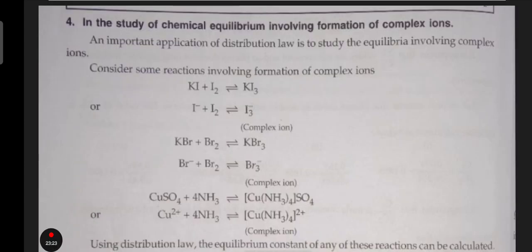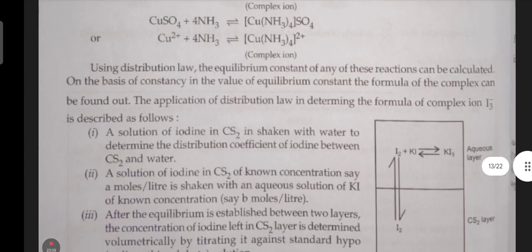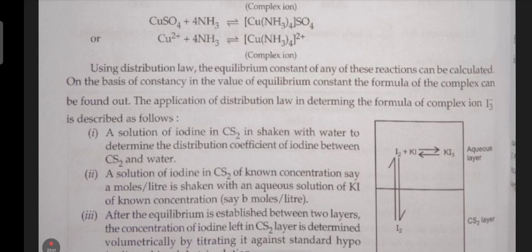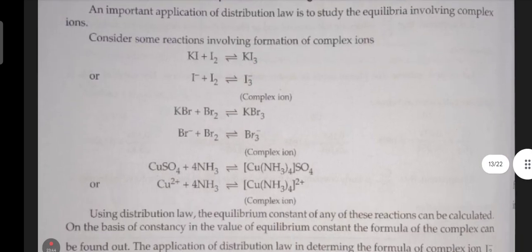Now we will discuss the fourth application of distribution law, that is in the study of chemical equilibrium involving the formation of complex ion. It is an important application of distribution law to study the equilibrium involving complex ions. Consider some reaction of KI and I2.